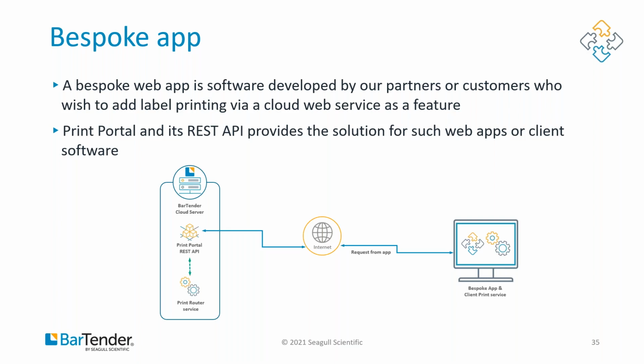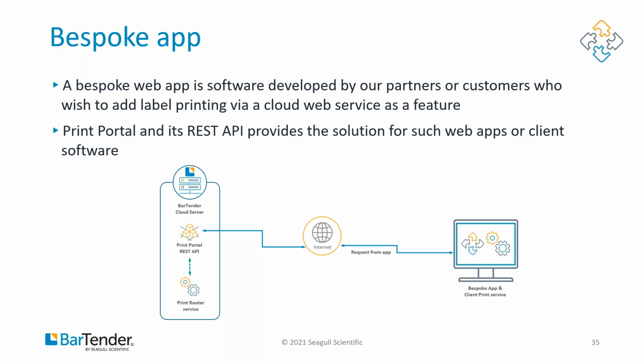Some of its functions may be to print barcode labels. In this way, such an application can make use of a hosted BarTender server in the cloud to do all the hosting of the document designs, but printing of those document designs and sending it back down to the on-premise site.